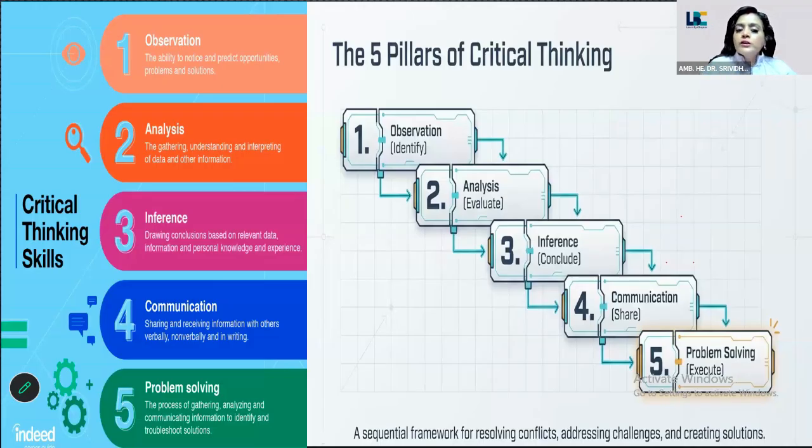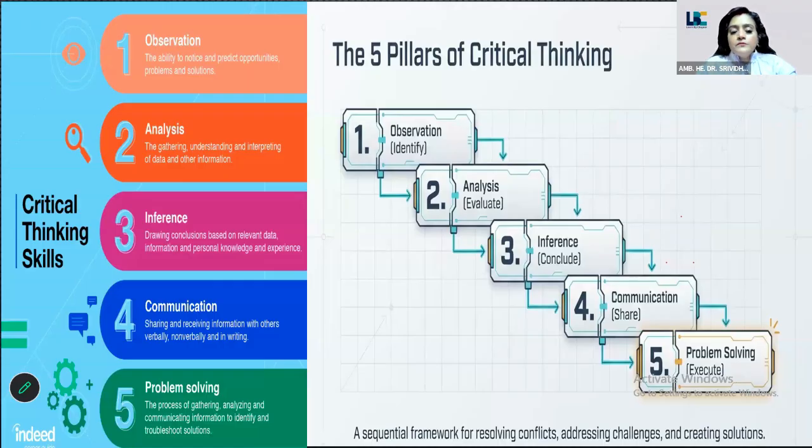And drawing conclusions: if the child is not able to draw conclusions with the relevant data and information given, along with personal knowledge and experience, then you have to work on developing that skill for the child. Fourth, if the child does not have a strong communication skill, receiving information verbally, non-verbally, or in writing, whichever way it is, the child is suffering, then you should work on those skills.